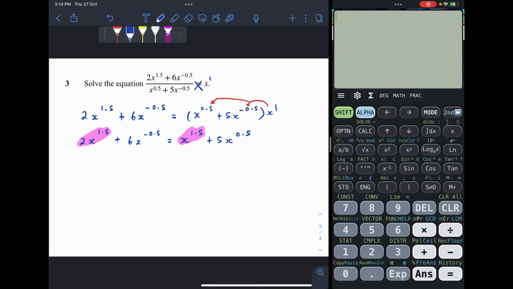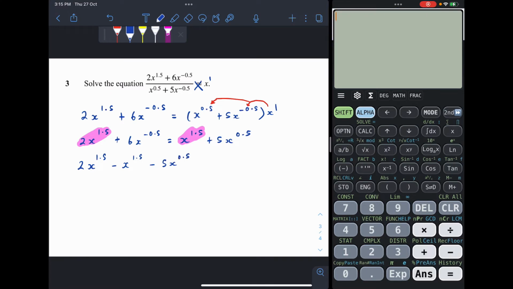I'm going to bring them together. So 2x^1.5 minus x^1.5. I'm also going to bring the positive 5x to the power of 0.5 to the left as well. It will become minus 5x^0.5.